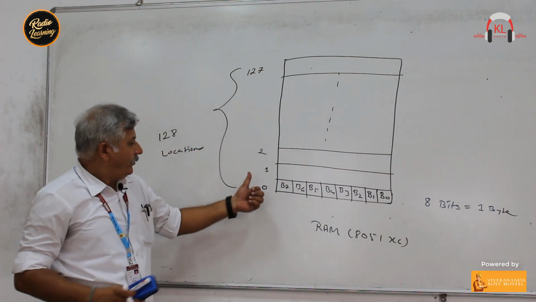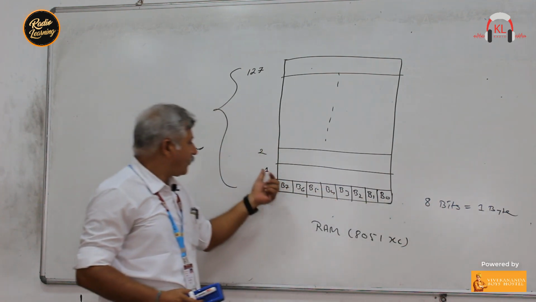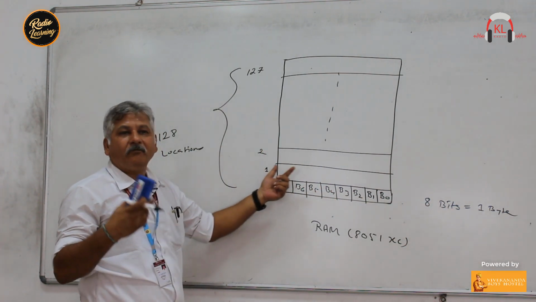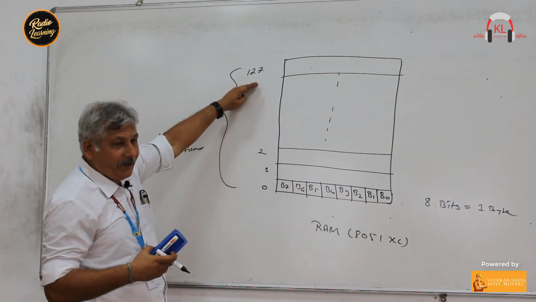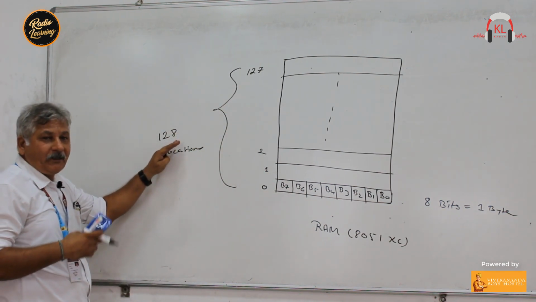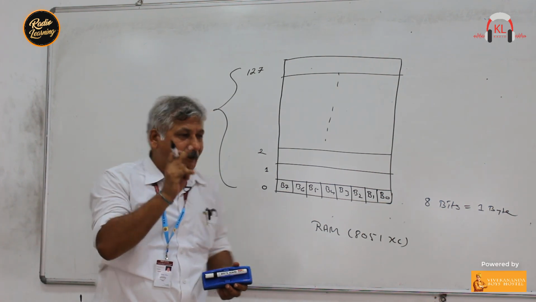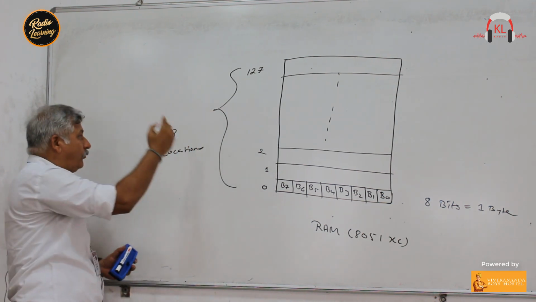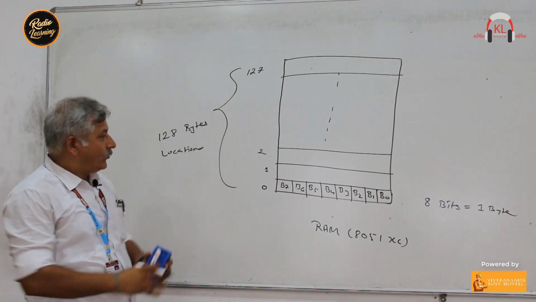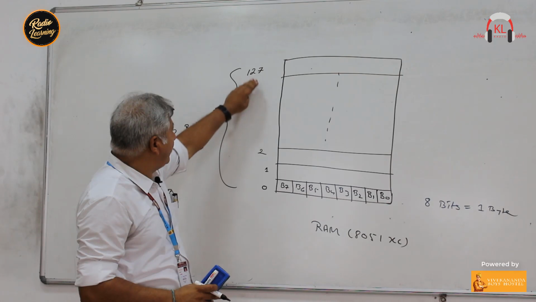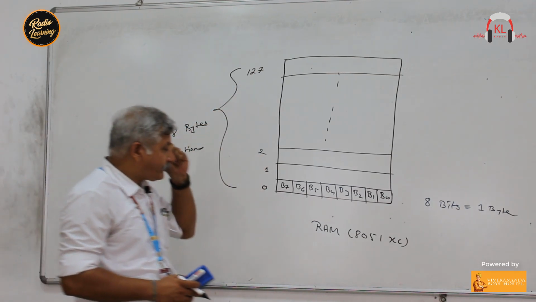So at the first location you can store 1 byte, at the second location another 1 byte, so total 2 bytes. How many locations are there? 128 locations. At each location, 1 byte. So total we can store 128 bytes, from location 0 to location 127.